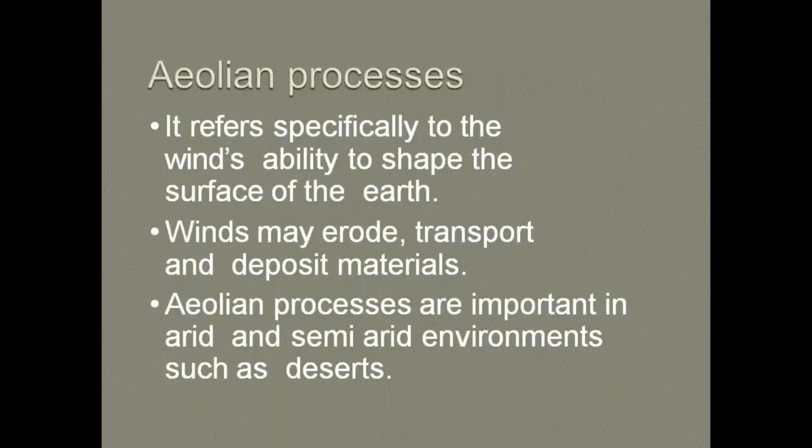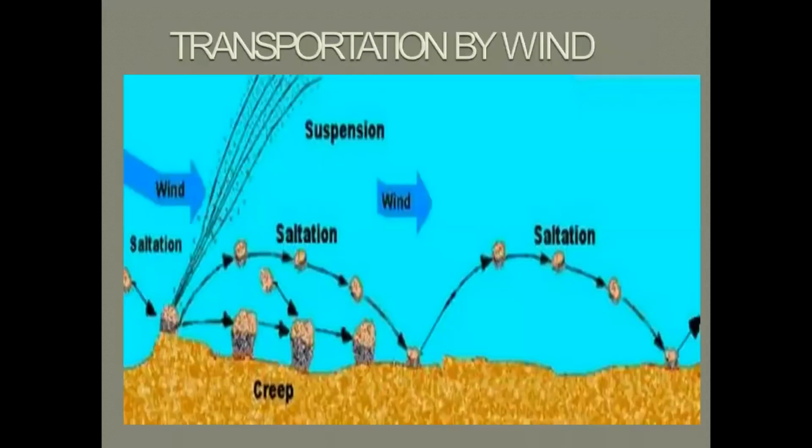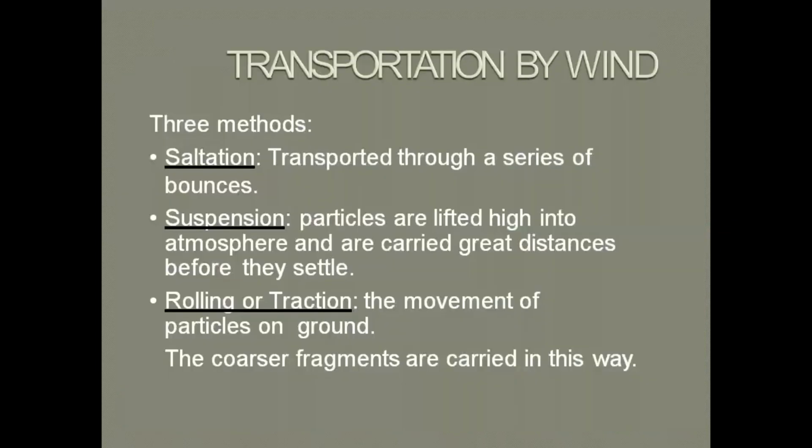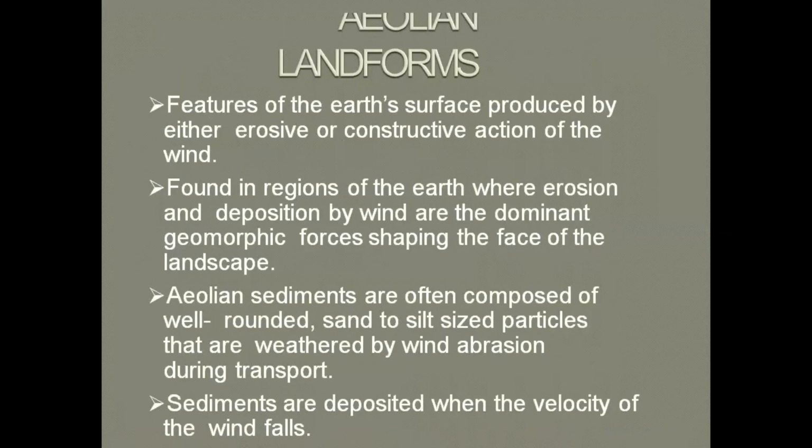Wind is a very important agent in desert areas, and it affects in three forms: abrasion, deflation, and attrition. And the transportation by wind is carried by saltation, suspension, and traction. And then we will continue tomorrow with the landforms that are formed by the wind.